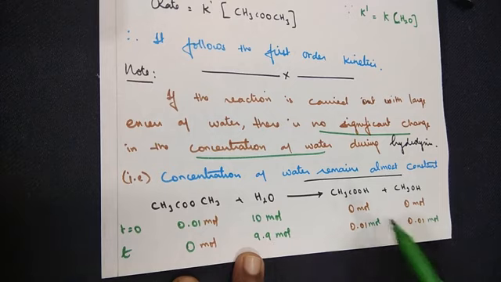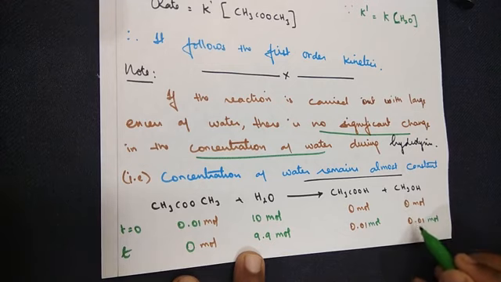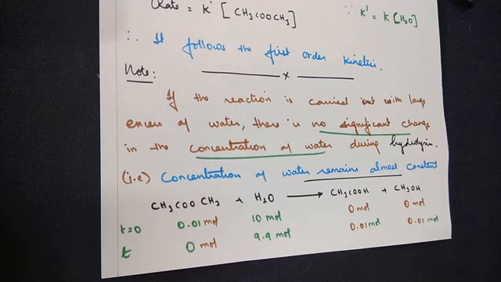This decrease is made up on the product side by an increase in the concentration of acid and alcohol, from 0 to 0.01 mole in the acid, and 0 to 0.1 mole of increase in the alcohol also has taken place. Let's come back to these two terms.